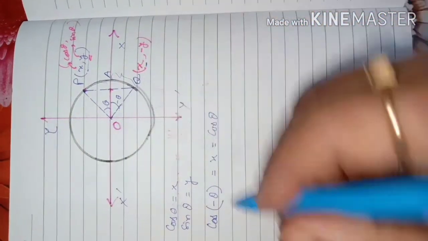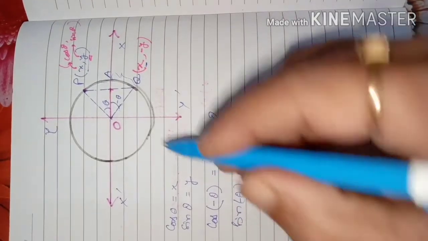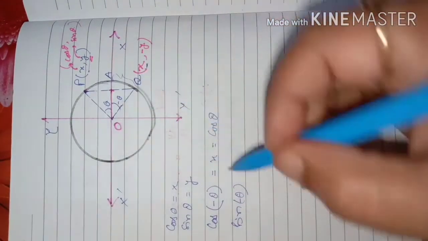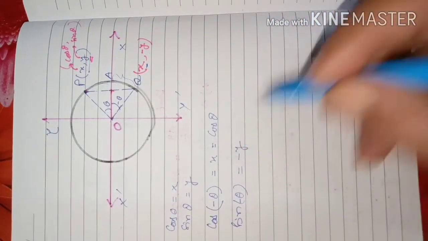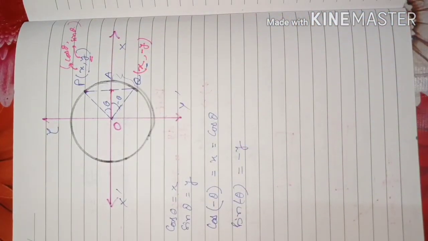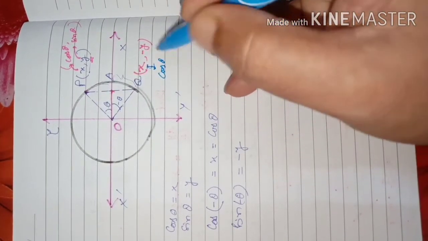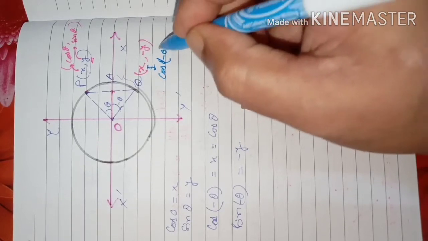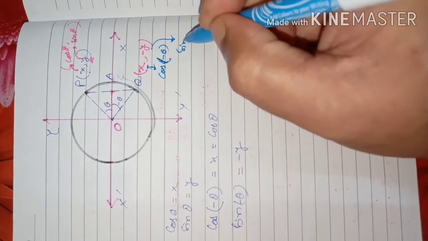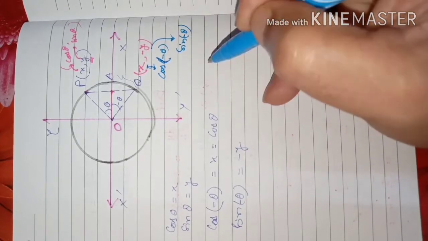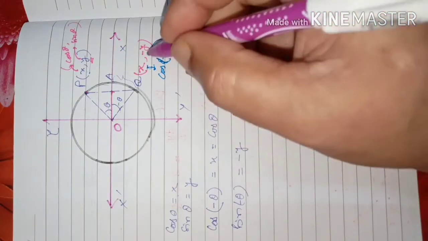But in case of sine, you see, sine of minus theta. What is sine of minus theta? Here it is minus y. This is the value of cos of minus theta, and this is the value of sine of minus theta. So when we say sine of minus theta, we write minus y.